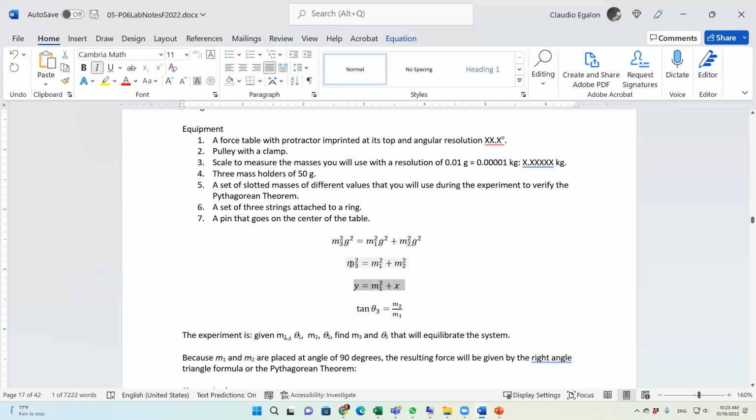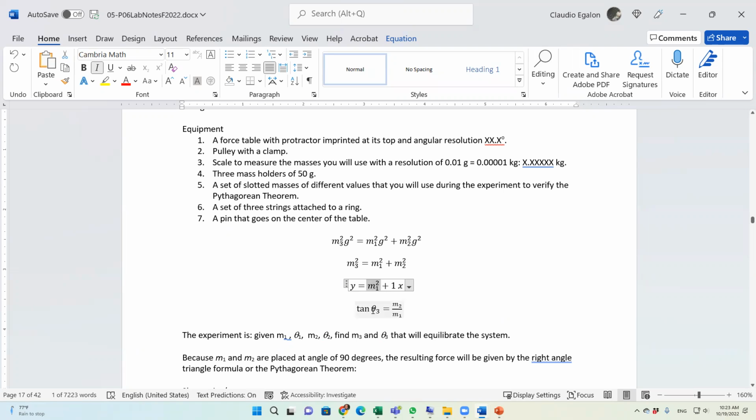When you plot M3 squared along the y-axis and M2 squared along the x-axis, the theory obtained from the Pythagorean theorem states that the slope should be equal to 1, and the intercept should be equal to M1 squared. That's what the theory states.